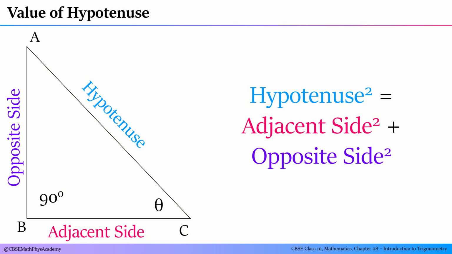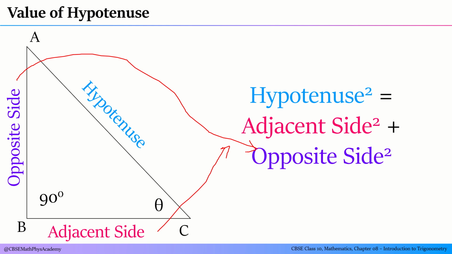And finally, there is one relationship which is your Pythagoras theorem. These are all lengths of a triangle. AB has one value, BC has one value, and AC has one value when you measure. For a right angle triangle, the square of the hypotenuse is equal to the sum of the squares of the adjacent side and the opposite side.